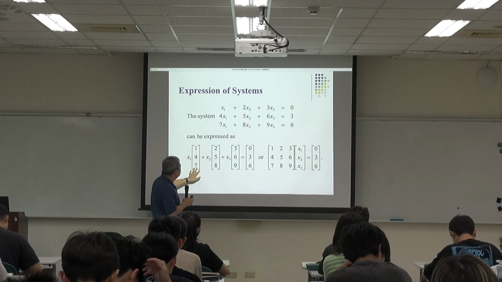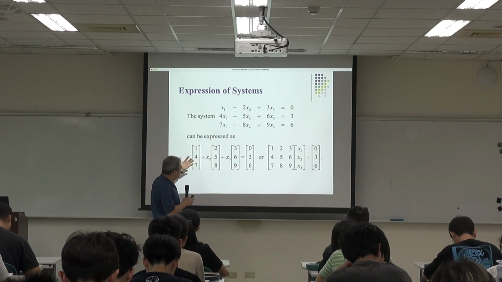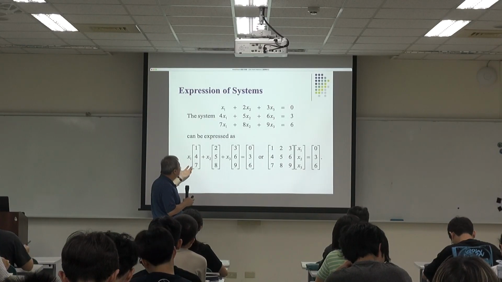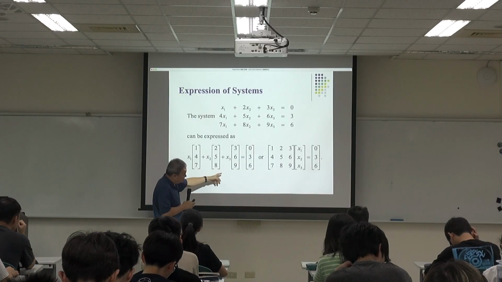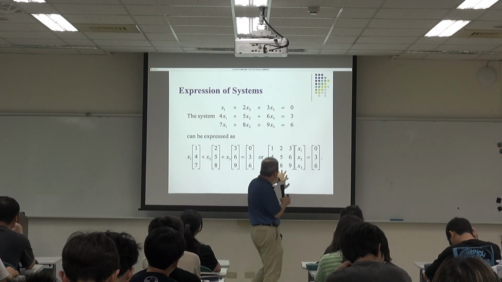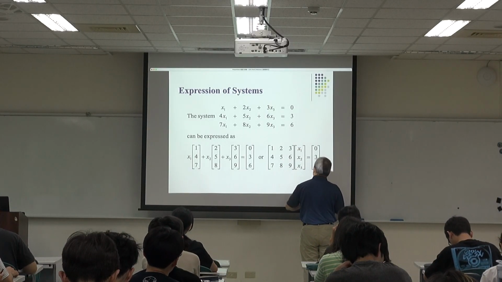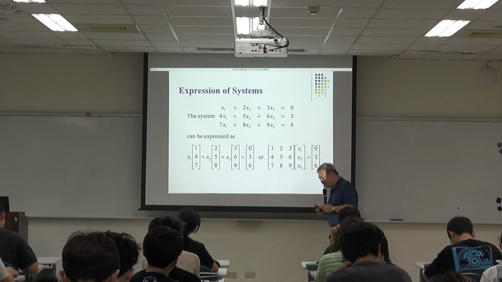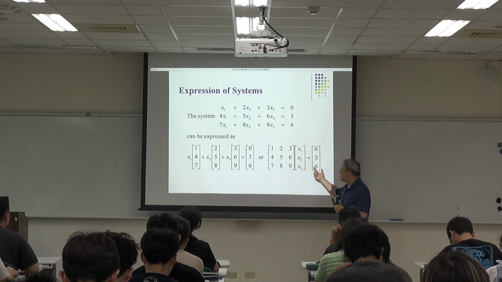You can either consider the system of linear equations as one linear equation for vectors, or you can consider it as the matrix times this column vector x1, x2, and x3, and the result is this one.